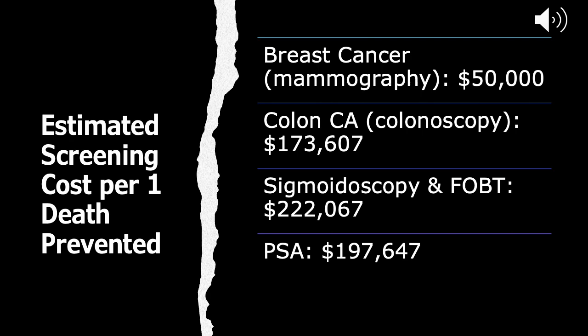And again, it just keeps going from there. So your sigmoidoscopy and your FOBT to look for blood in the stool, $222,000. Again, we're looking for colon cancer. And PSA screening. Again, this is just for preventing one death and how much it costs our healthcare system.